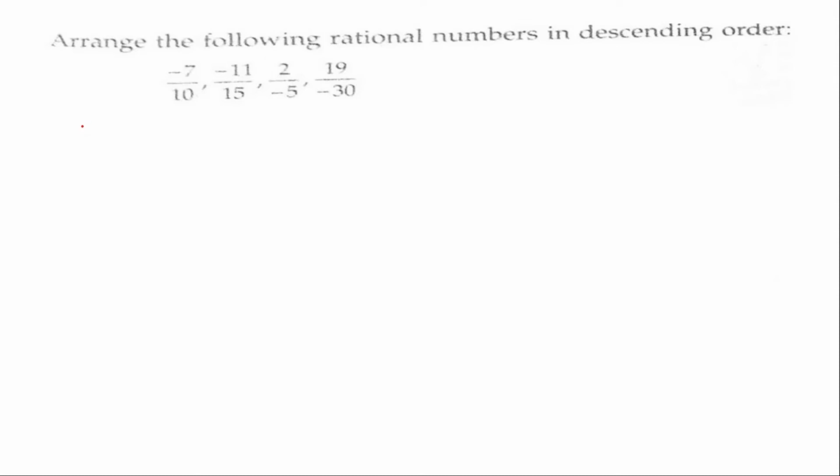Next question is, arrange the following rational numbers in descending order. So let us write these rational numbers like the previous question. So it will be this way. The next step is to find the LCM of the denominators, that is 10, 15, 5 and 30.